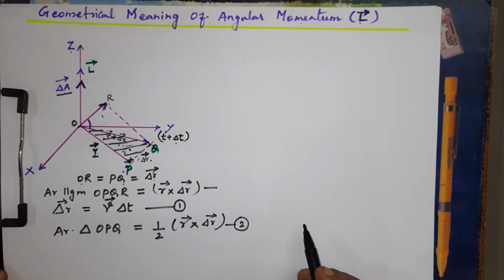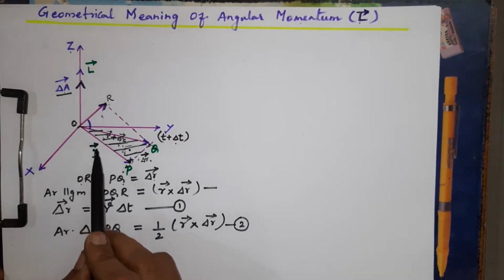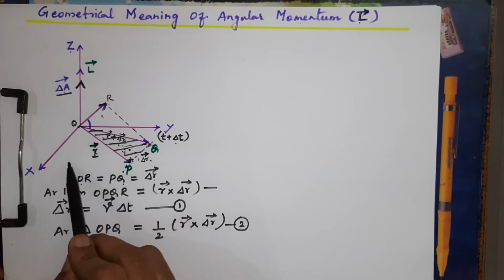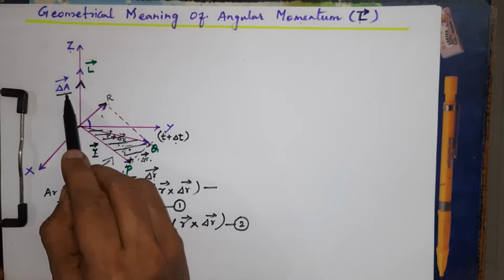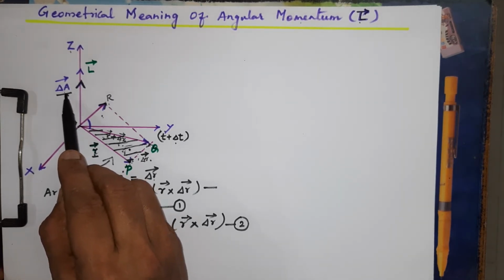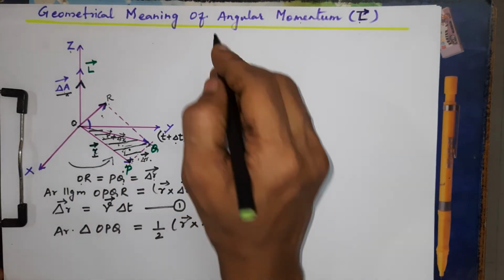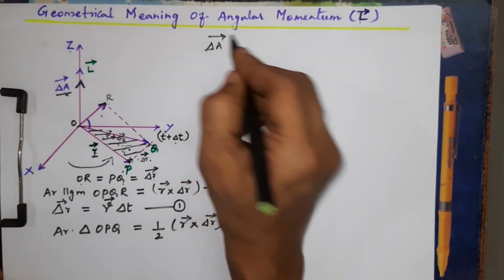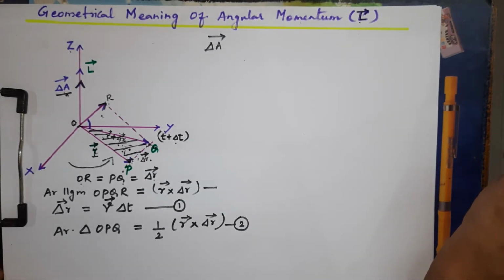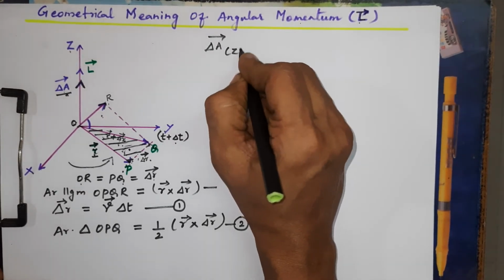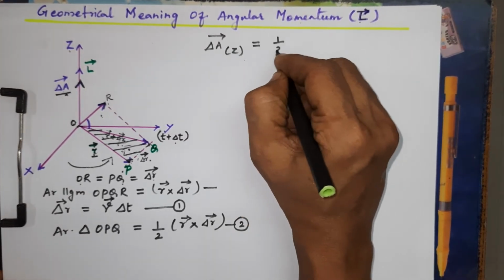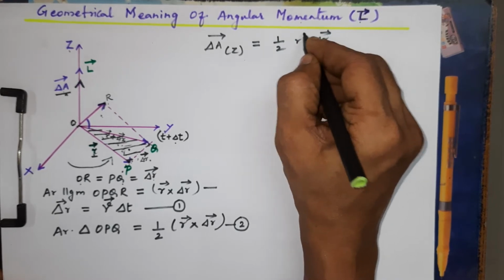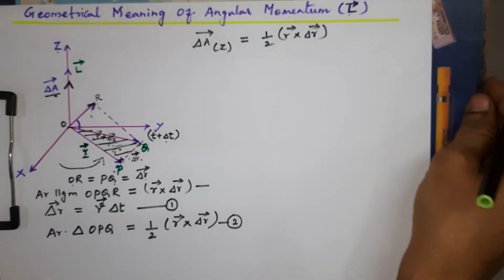Now, we also have to understand what would be the geometrical meaning of angular momentum. By looking at this diagram, using the right hand rule, when the particle is rotated in this plane, the resultant area is obtained along the z-axis. Therefore, we write delta A vector, the smallest area swept by the particle when it is rotated in the xy plane, along the z-axis, as half r multiplied by delta r, which is the shaded portion of the triangle.